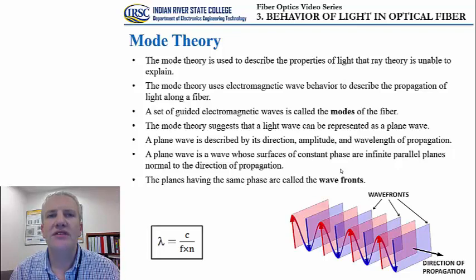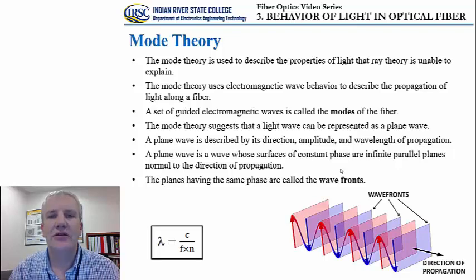The mode theory is based on so-called electromagnetic wave theory that uses wave behavior of light, specifically light as an electromagnetic wave, to describe these specific phenomena that we just mentioned.